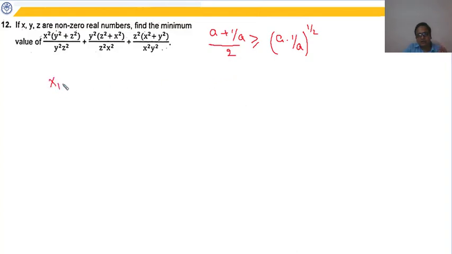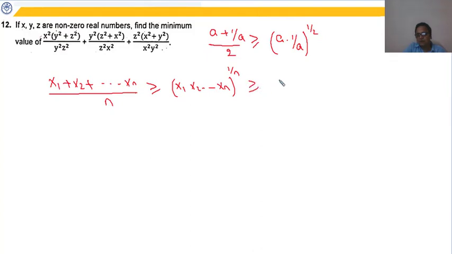Arithmetic mean of n numbers is nothing but (x1 plus x2 up to xn) divided by n. Geometric mean is the product x1 x2 up to xn to the whole power 1 by n. And harmonic mean is n upon (1 upon x1 plus 1 upon x2 up to 1 upon xn).